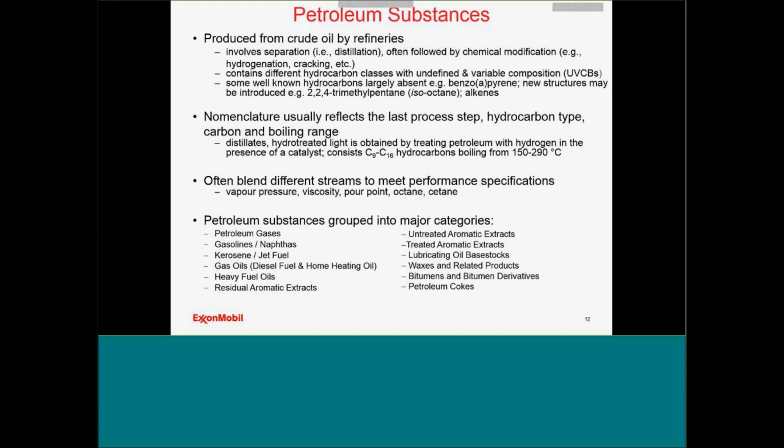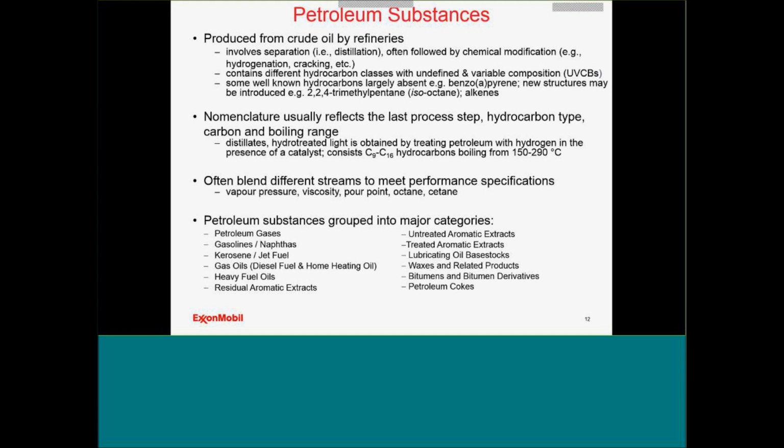Further, petroleum substances are often prepared by blending different refinery streams to meet specifications that relate to performance for the intended use, such as volatility, octane, cetane, or viscosity ratings. These specifications can change based on season.